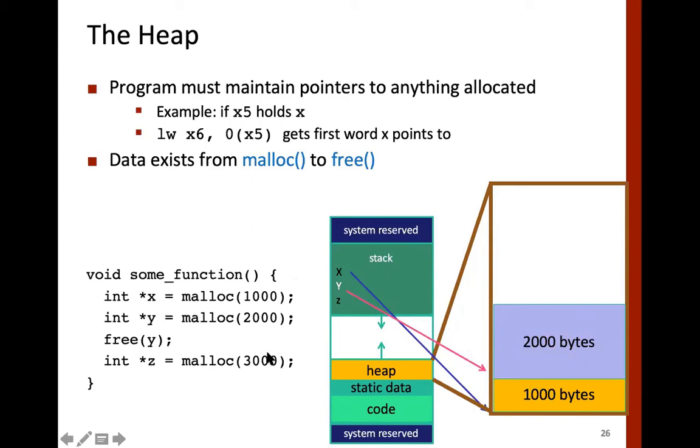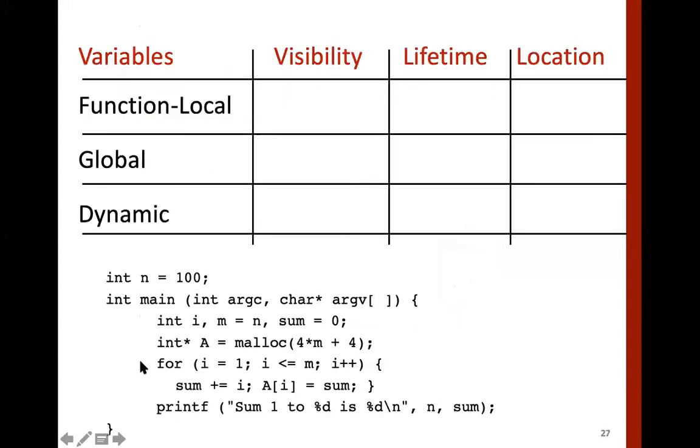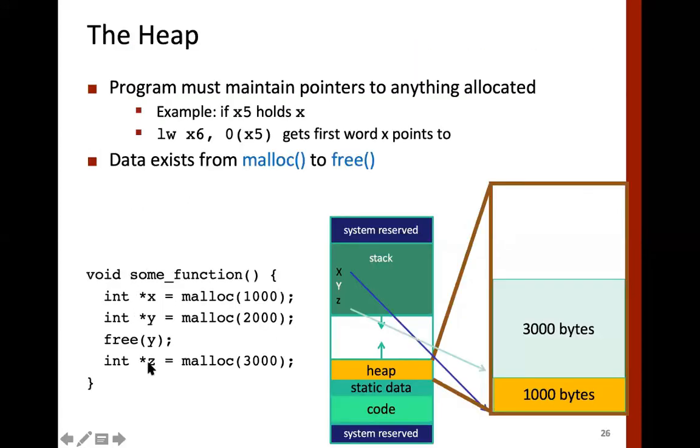Now the next instruction is free Y. Then what will happen? This will be freed up, and Y will show nothing. And then you execute the third statement, where Z is a pointer to this area.